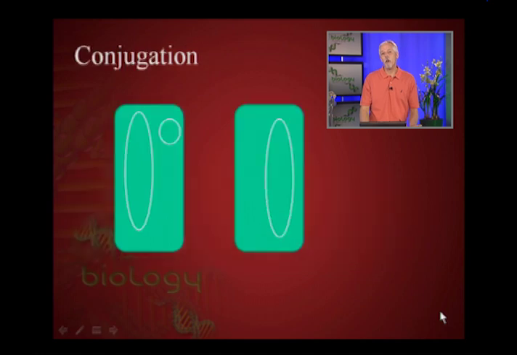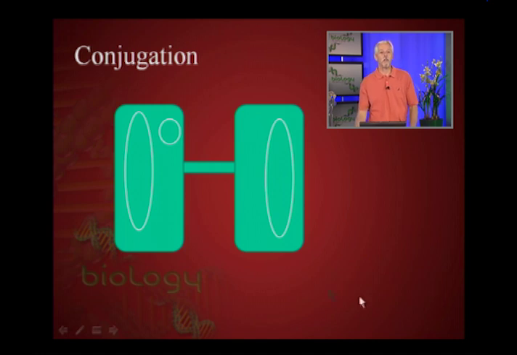However, they do have a sexual process, which is known as conjugation. It requires a special kind of plasmid. You may recall that in addition to chromosomes, prokaryotes have smaller loops known as plasmids. There's a special kind of plasmid which triggers a reproductive cycle, and it will cause production of a conjugation tube between two different prokaryotes.